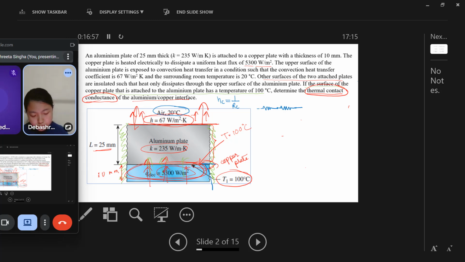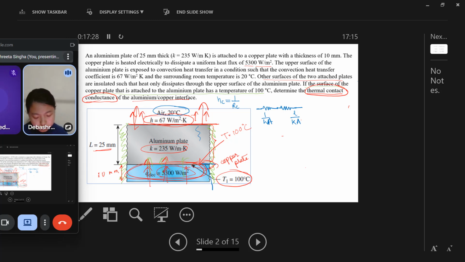Okay, so if we start from the air, there will be convective resistance, that is 1 by HA. Then there will be the aluminum plate resistance, that is L by KA. Aluminum plate resistance is a conductive resistance due to conduction.